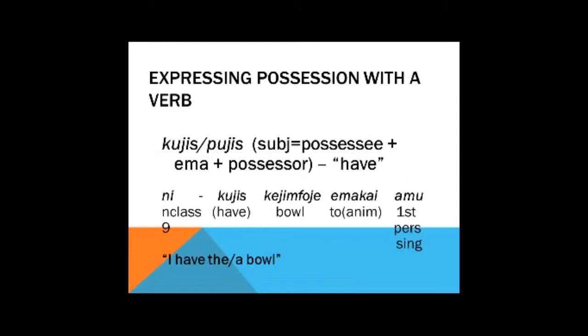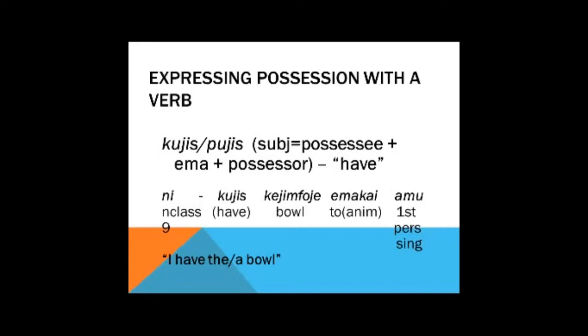And now we have the equivalent of expressing to have in English. So to have is a less strong way of indicating possession. It's not as strong as I own or I possess. So the equivalent verbs in Latropeth, kuyis and puyis. The kuyis puyis distinction is the same as ku and pu in the previous examples.